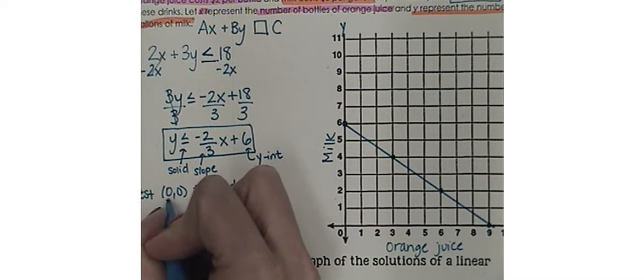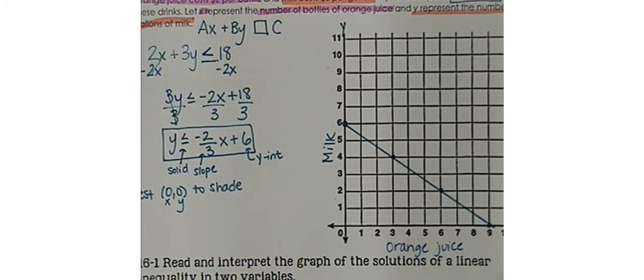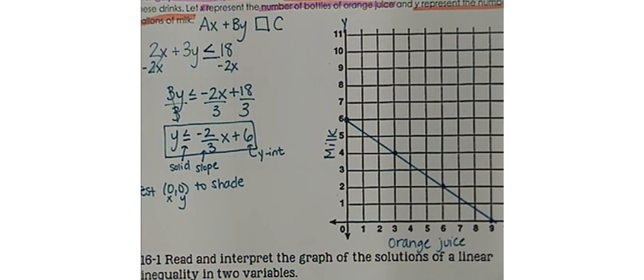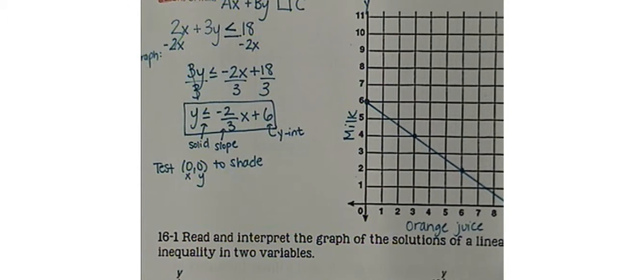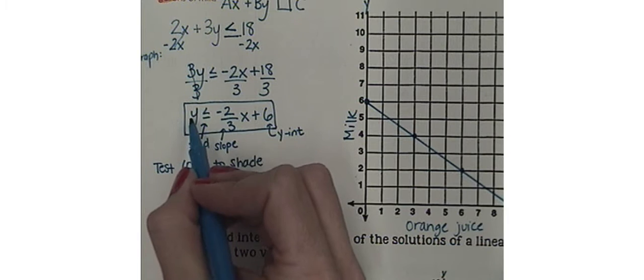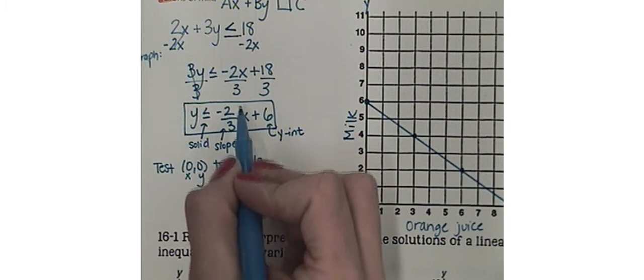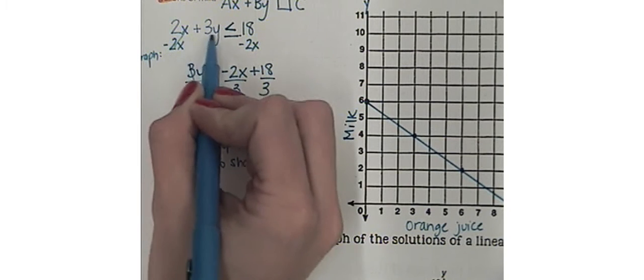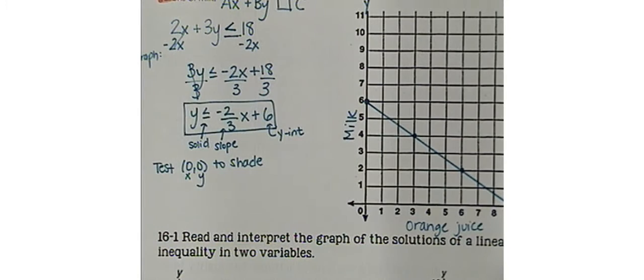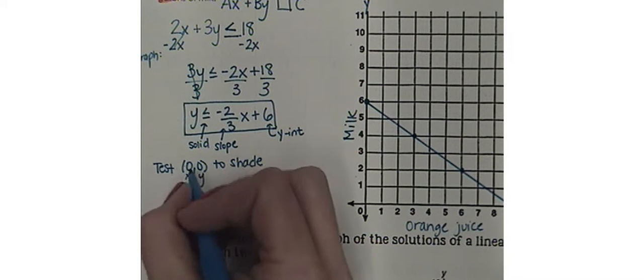So that means x and y are both going to be replaced by 0. And I can plug in 0, 0 here for x and y, or up here to the original. Whatever you prefer, you're going to get the same answer.